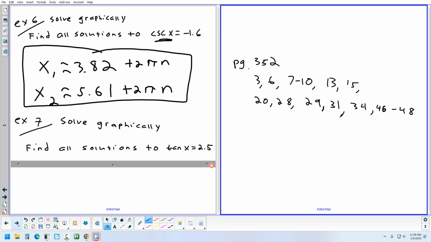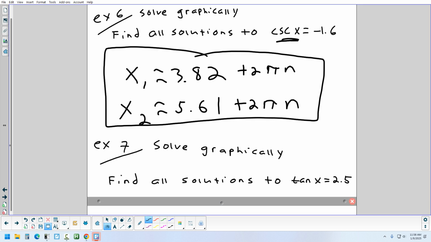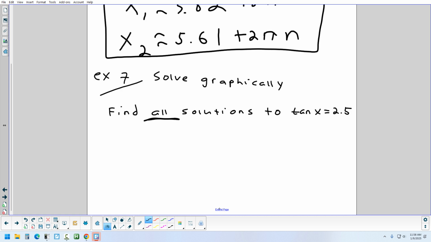Yeah, I might as well see if we can do that last one real quick. Okay. It says find all solutions. Not one, not two, all of them. So that means you need period times n. We could start with that. What's the period of the tangent function without any transformations?